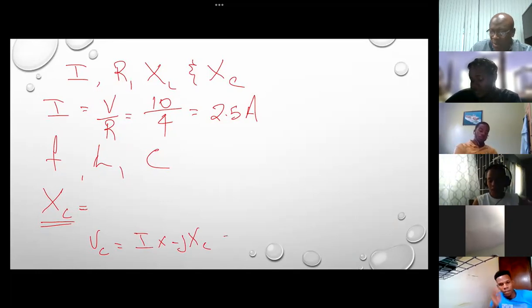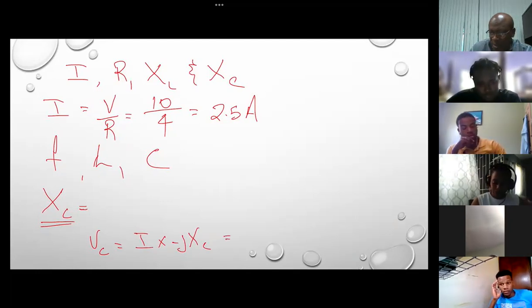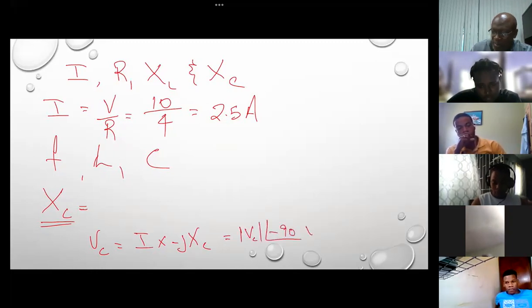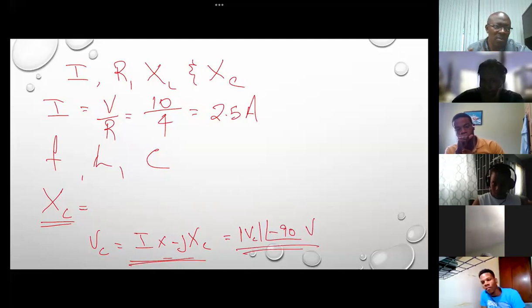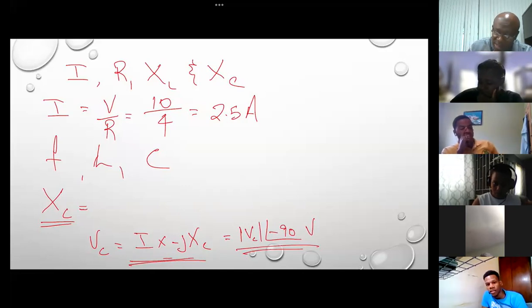So whatever magnitude it comes out to, let's call that VC, it would be at an angle of minus 90. You can never forget that you're dealing with an AC circuit, and therefore real and imaginary must always be considered. So for the voltage across the inductor VL, it would be I times JXL.